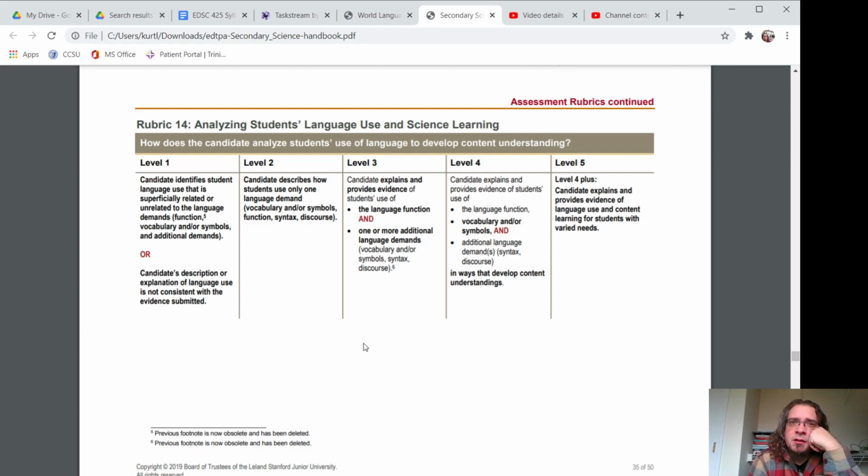Syntax, this is such a weird point, in my opinion, why something like this is in this evaluation, but whatever. Syntax is literally like the structure of sentences, structure, meaning, wording, that kind of thing. Discourse is more along the lines of like the actual content that's being taught.